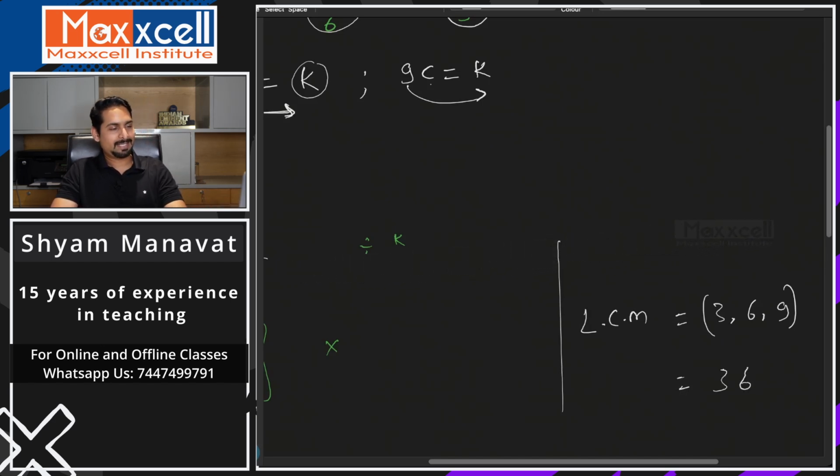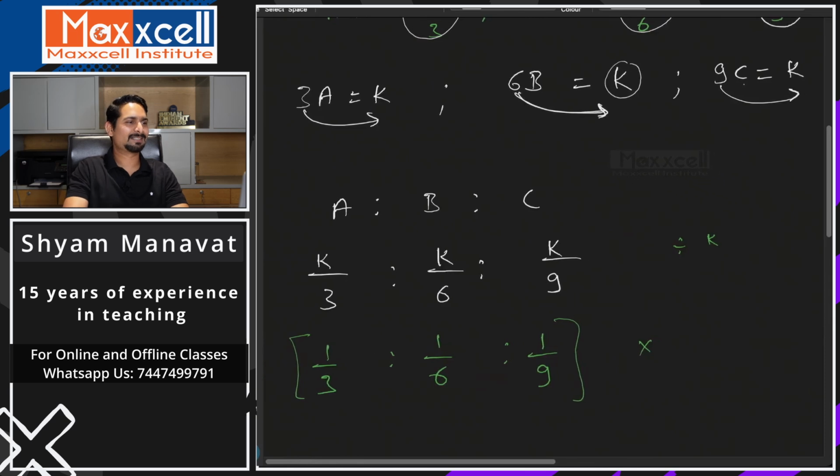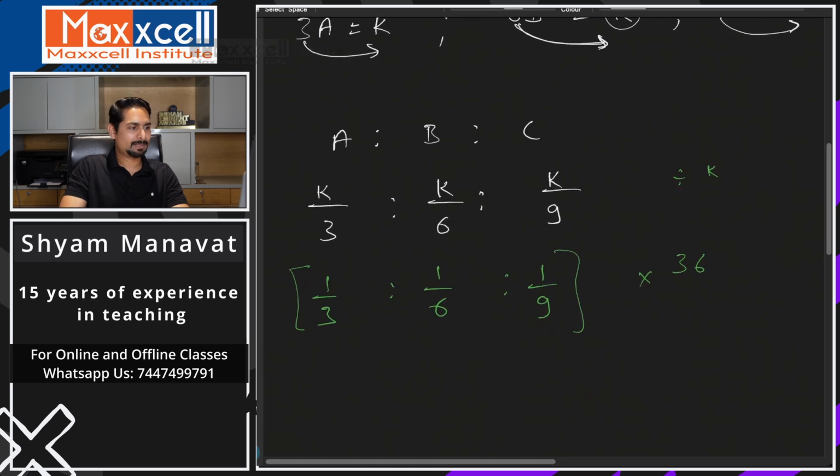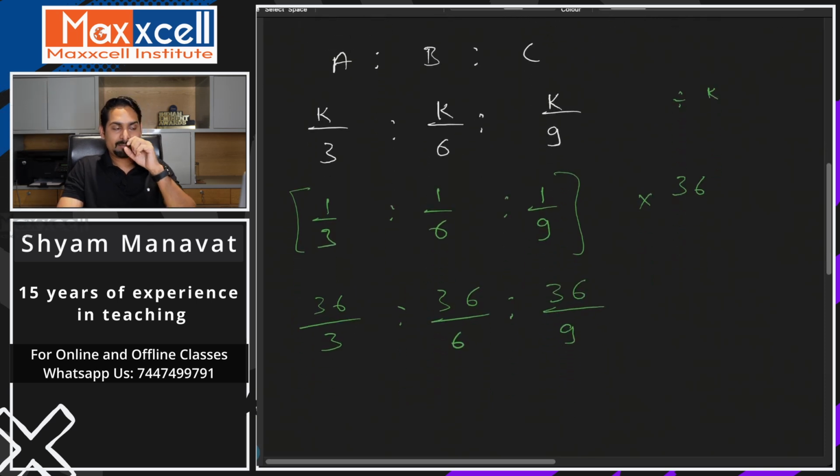Good, you guys are becoming intelligent day by day. Okay, so if I multiply by 36, what will we get? 36 by 3, 36 by 6 and 36 by 9. Believe me guys, if you have faith in me, I hope I'm able to develop the faith so far.